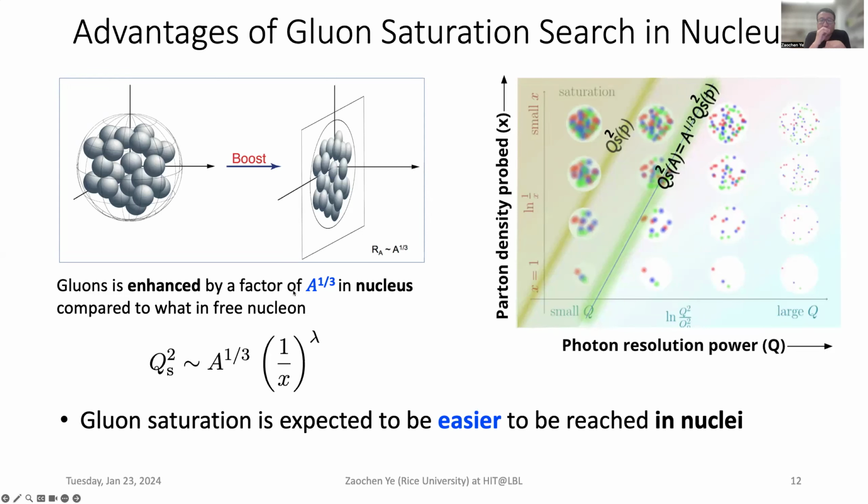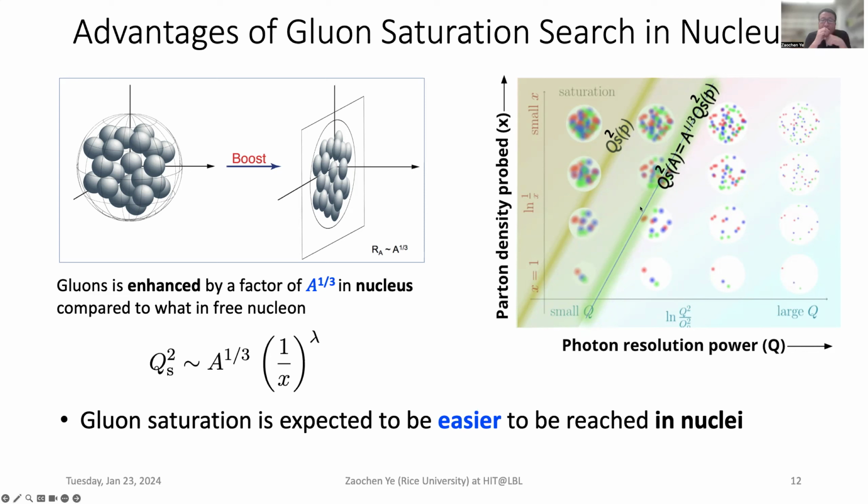Thus, the saturation scale can be pushed to a much higher region. So what does it mean? It means gluon saturation can be reached at a relatively much higher x region.